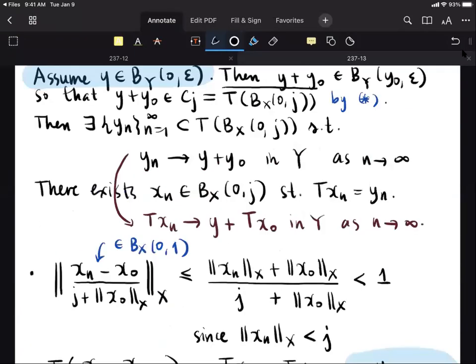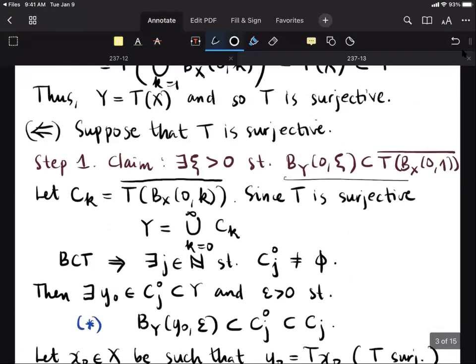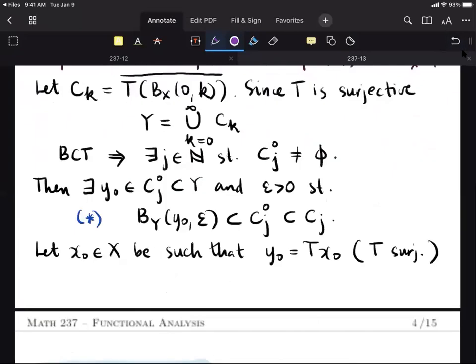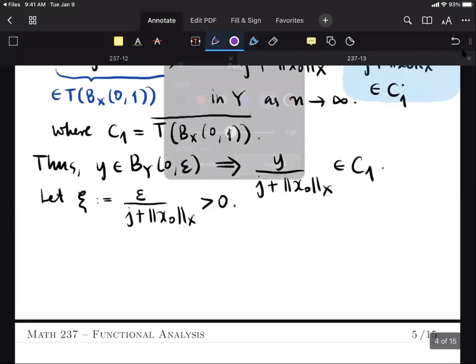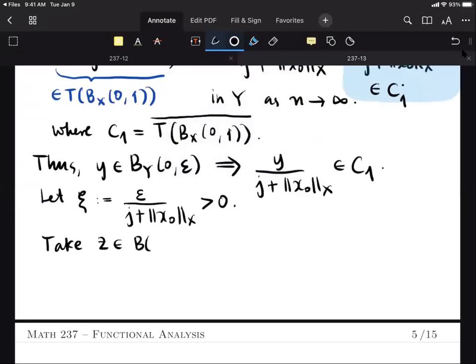Going back to our claim, we want to prove this, and let us note that this is the same as C1 by definition. So pick a point here, we need to show that it's also here. So let's do that. Take an element z in this ball.